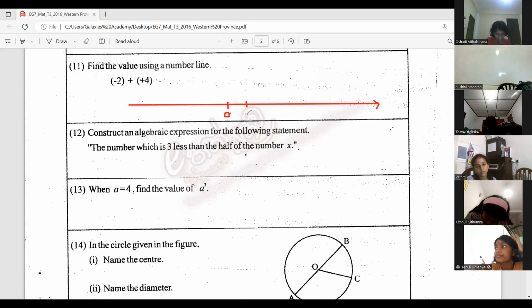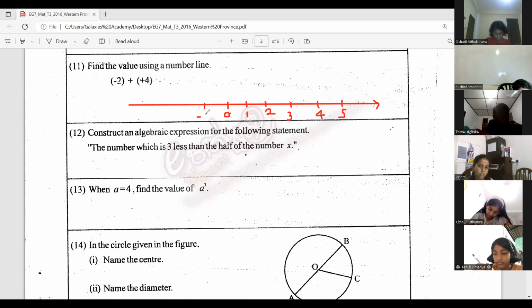0 1 2 3 4 5. This side I will write -1, -2, -3. I think it is enough. Then look at the first directed number given, -2. You have to start from 0.